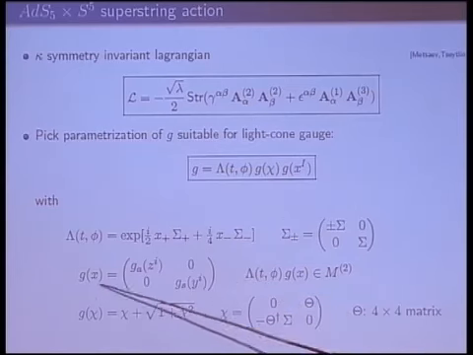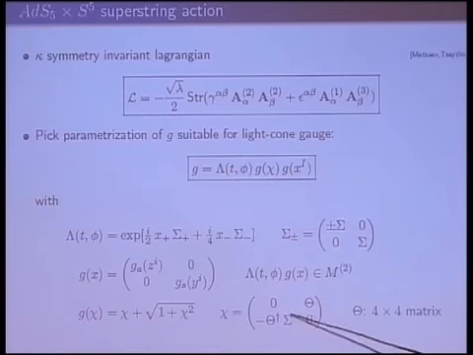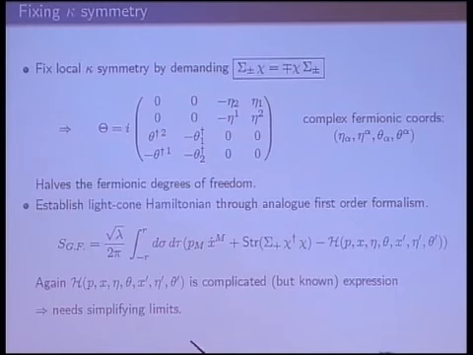Then you have a transverse piece sitting here, a certain parameterization, and also for the fermions, which looks like this. This is, of course, a choice, but this choice turned out to be rather convenient.